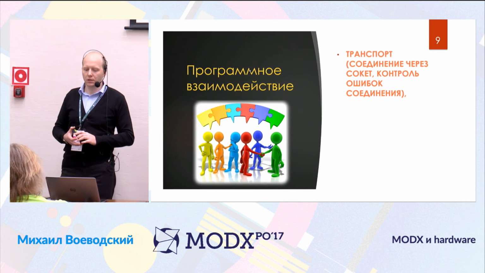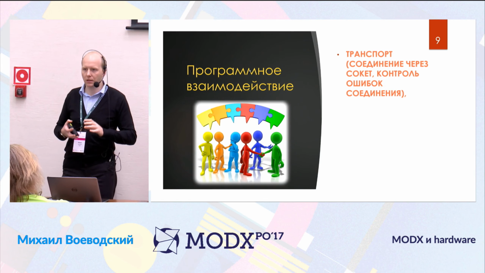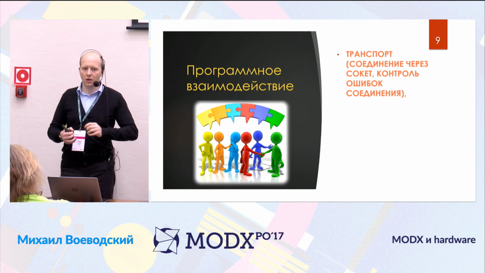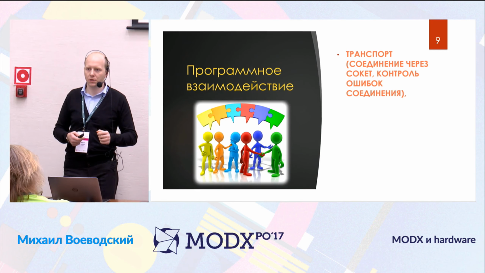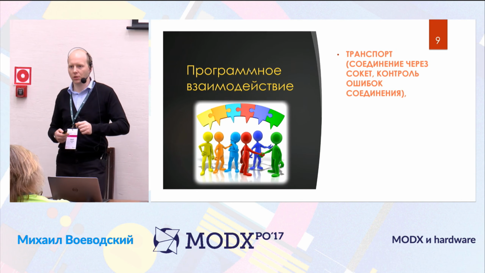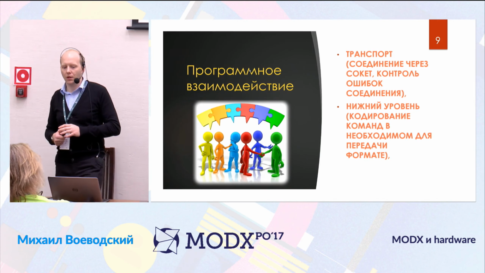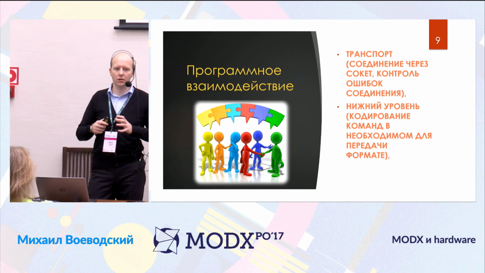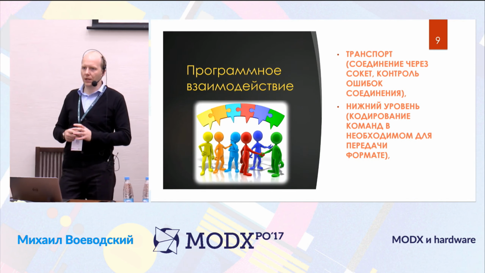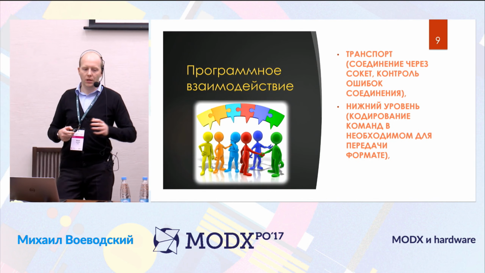So what do we need for that? First, to implement at the physical transport level the delivery of data through the sockets, so read and record through the socket. Then the lower level. At the lower level, we have to prepare the packages in accordance with the protocol of the equipment.